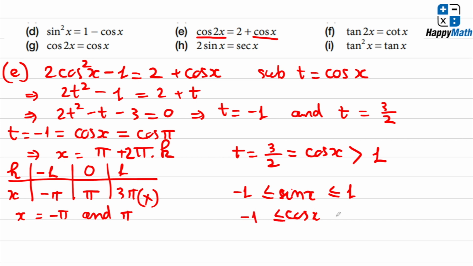So for this value, 3 over 2 is greater than 1. No solution for this equation. You can conclude that immediately because the value of cos is greater than 1. So this one will be no solution.